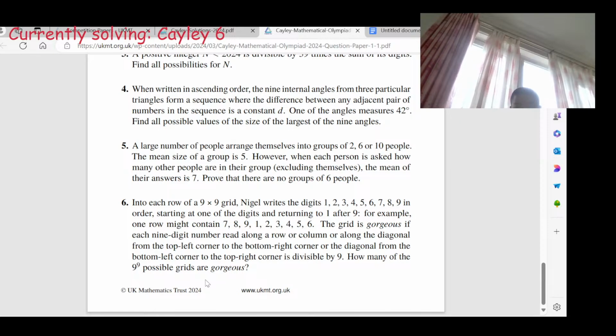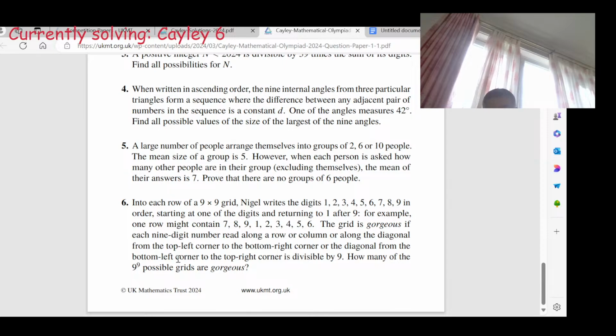Into each row. Have I updated this? Yeah. Into each row of a 9 by 9 grid, Nigel writes the digits 1, 2, 3, 4, 5, 6, 7, 8 in order, starting at one of the digits and returning to 1 after 9. For example, one row might contain... Oh my god.